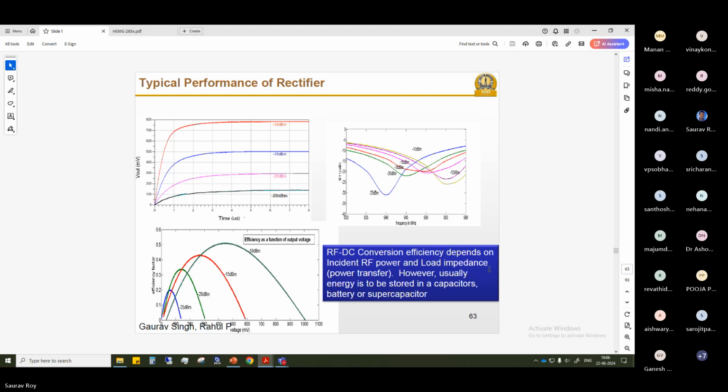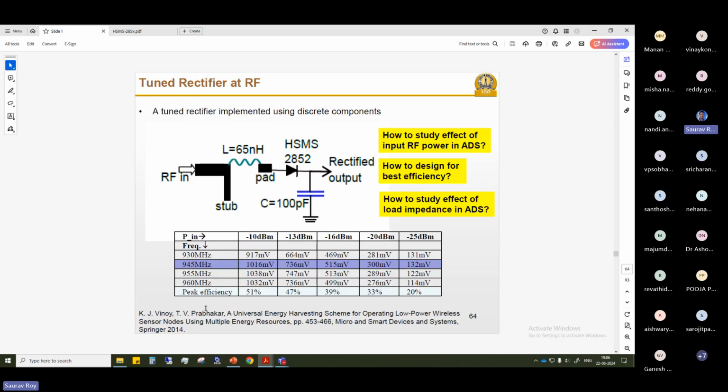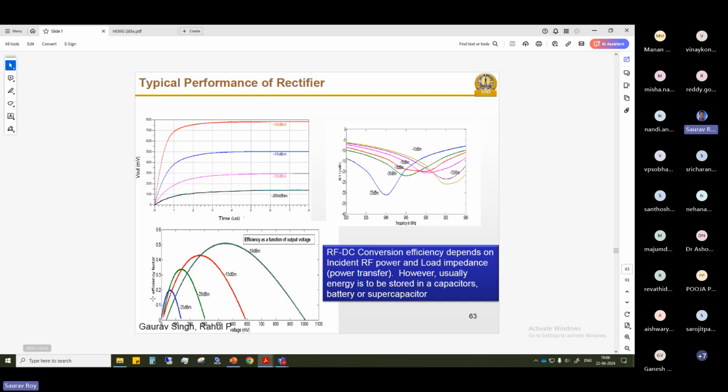If you increase the incident RF power, obviously you will have more efficiency improvement. In the bottom plot here is the efficiency versus load voltage, and the colored plots are for defined input powers. The green one, at minus 10 dBm, is the highest input power, so that's why the efficiency is maximum.